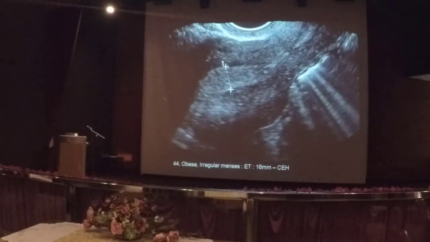Okay. Oh, sorry. So if you look at this one, the endometrium is, if you get the history, for example, a 44-year-old lady, obese, irregular menses, ET 16 millimeter. So normal or not normal?